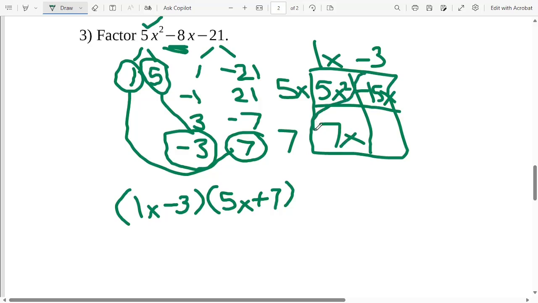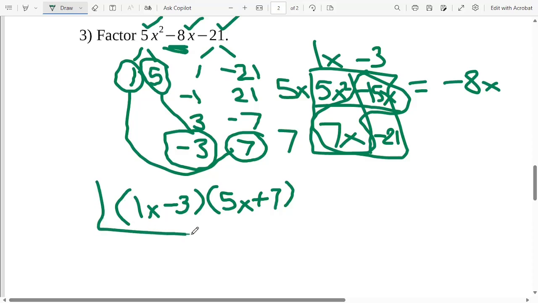If I add these together, I'm going to get my -8x. That checks out here. And then 7 times -3 is -21, which checks out here. All right, so that one checks out. So we know that this is the correct solution.